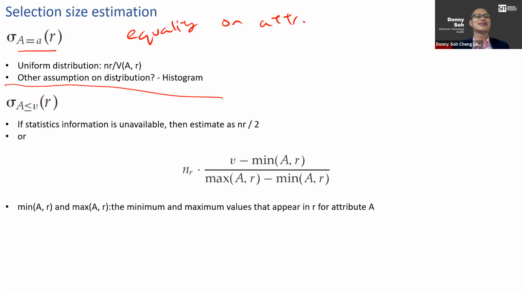You would imagine that if the attribute is a primary key, the probability of choosing a particular value is going to be 1 divided by the size of my table, which is the number of distinct values of that.